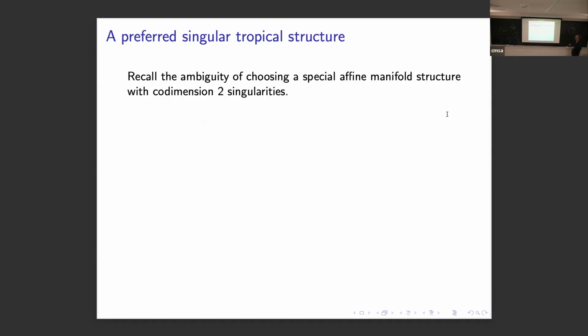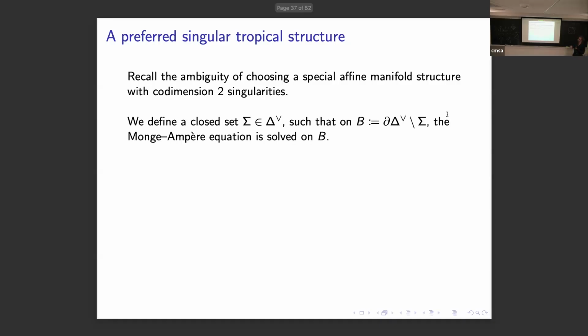So one idea could be that now you have this solution. There's sort of a uniqueness. You could wonder, does the solution tell you what the singularities should be? The idea is somehow that you want to extend the solution, and maybe you can extend it precisely outside the singularities in some sense. So we do something towards this.